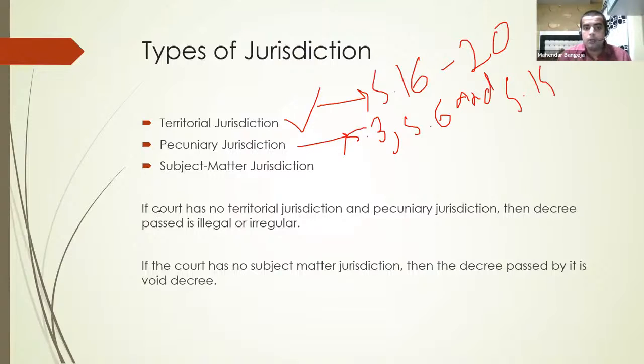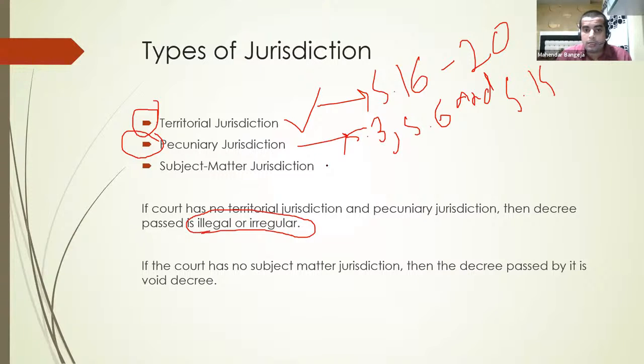Okay. Now the question is what will happen if a court has no territorial or pecuniary or subject matter jurisdiction and it still hears the case and passes a decree? So the answer to it is, if the court has no territorial jurisdiction and no pecuniary jurisdiction, then the decree will be illegal or irregular.